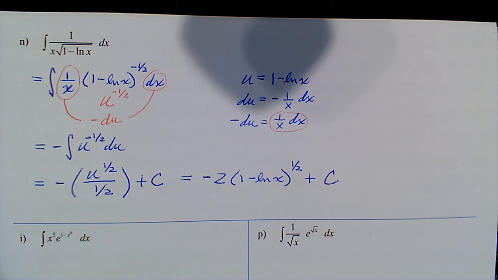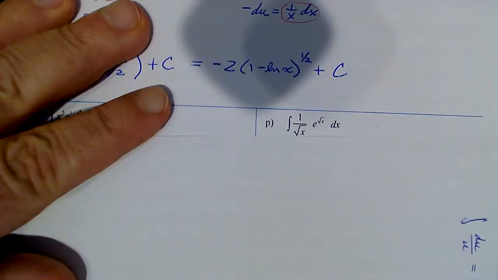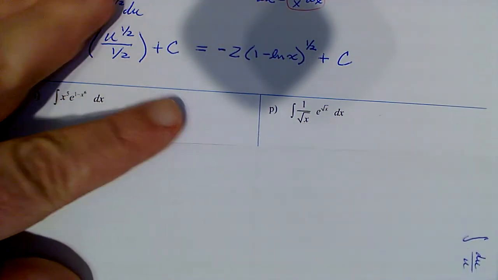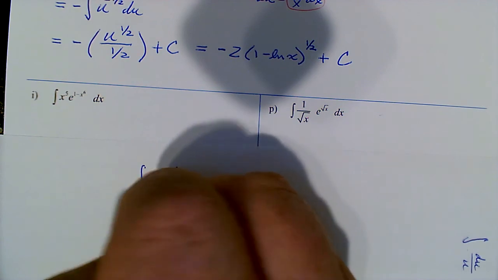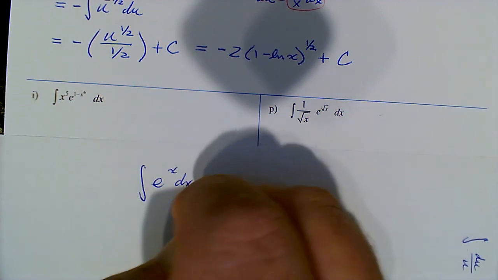Okay, so moving on, we now have some situations where e is involved, and the formulas regarding e are the integral, basically just the integral of e to the x is e to the x.